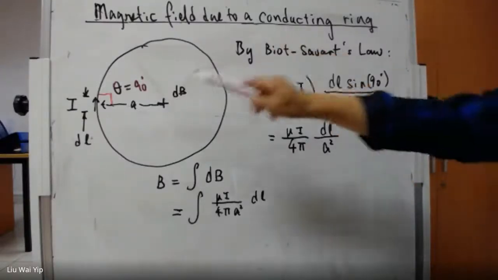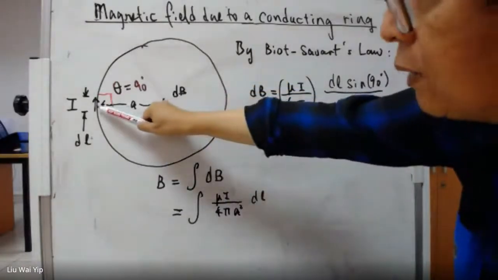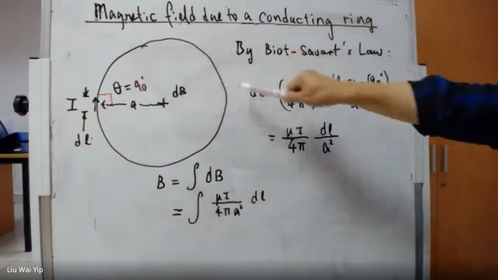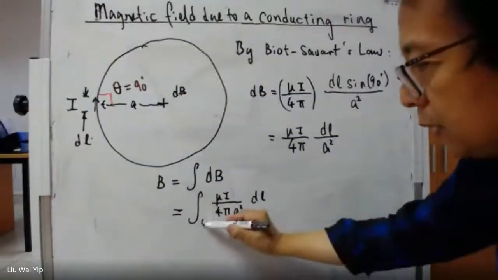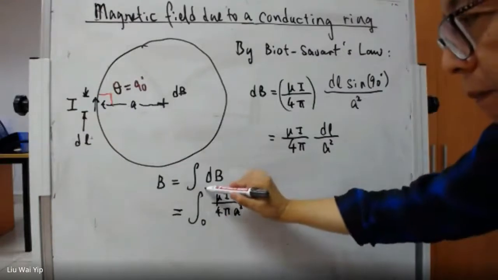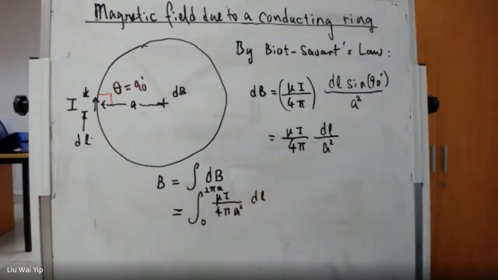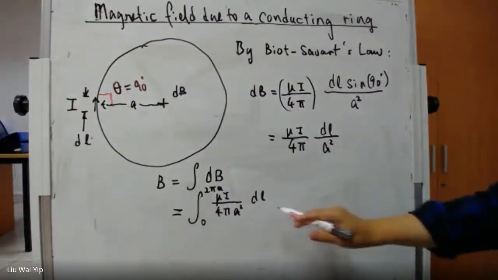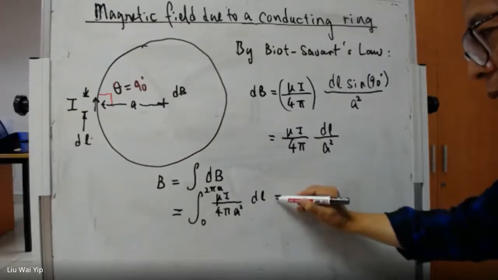The integral should run from 0 to the whole length of the circumference. The whole length should be 2 pi a. If you do the integral, this is very straightforward.